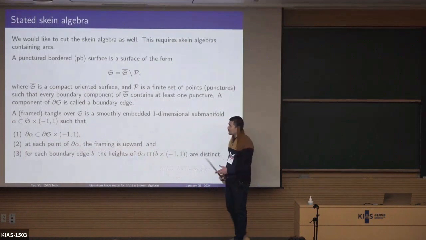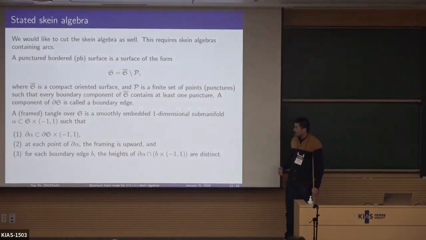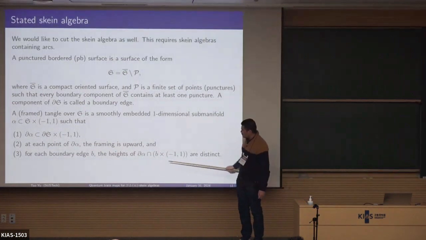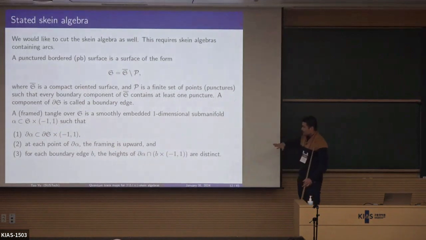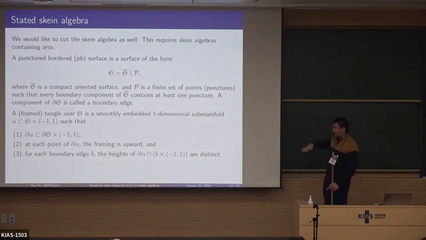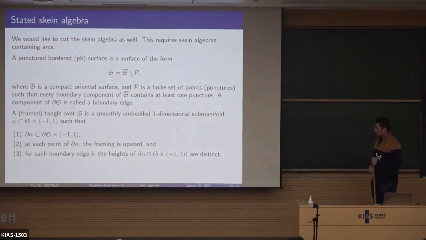The framing at every endpoint of this tangle needs to be vertical and upward, just like the blackboard framing, but we need to impose that on the endpoints as well. And finally, when you look at these tangles ending on the same boundary component, they have a vertical ordering according to height, and the heights need to be distinct.